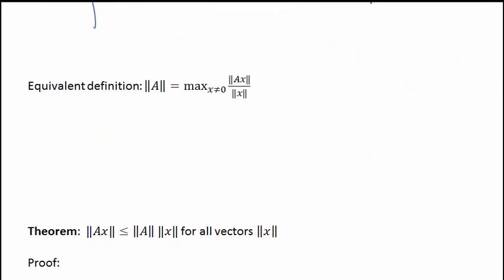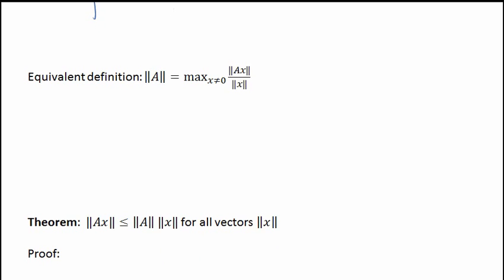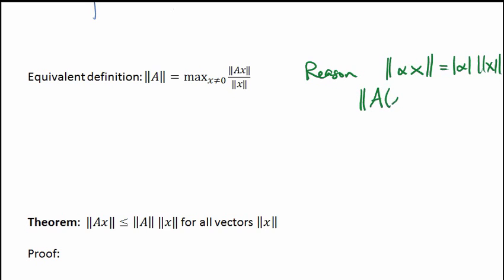There's another way of defining this. Instead of just looking at the maximum over unit vectors, we can look at the maximum over all vectors except for 0 of the ratio of norm AX to norm X. And the reason that we can do this is because the norm of alpha X, if alpha is a scalar, remember, is alpha times the norm of X. And the norm of A times alpha X, well, that's just the norm of alpha times AX, because alpha is a scalar.